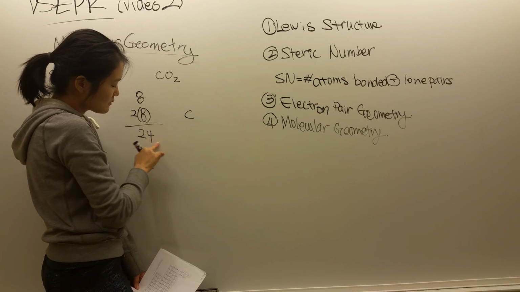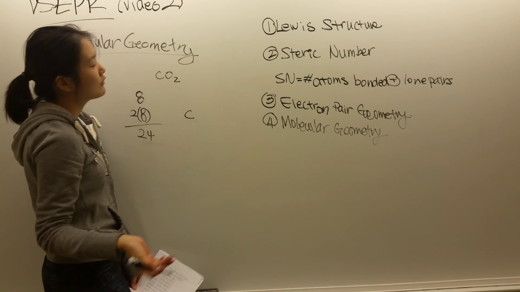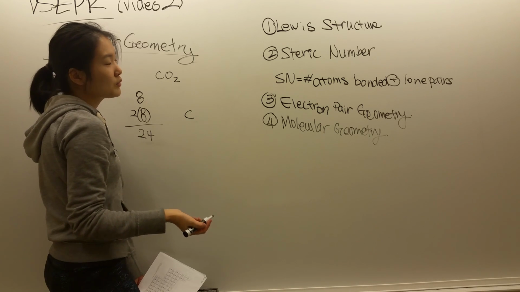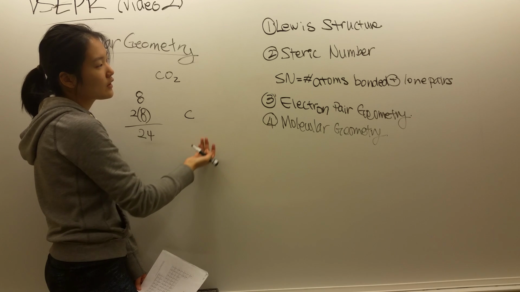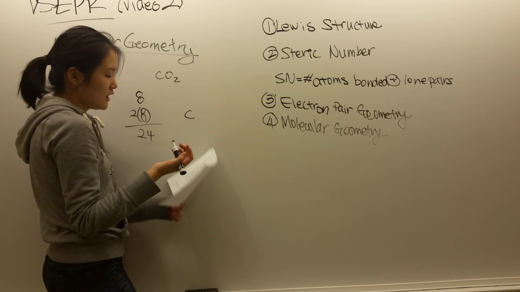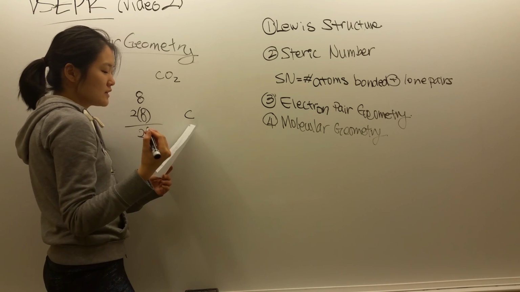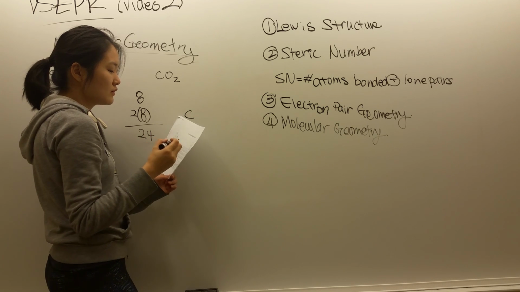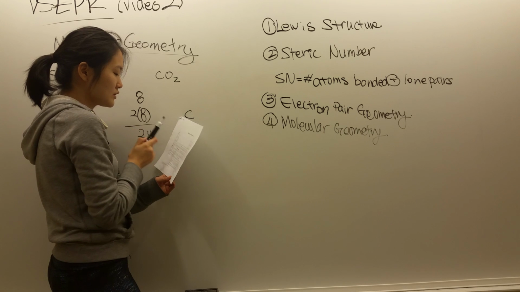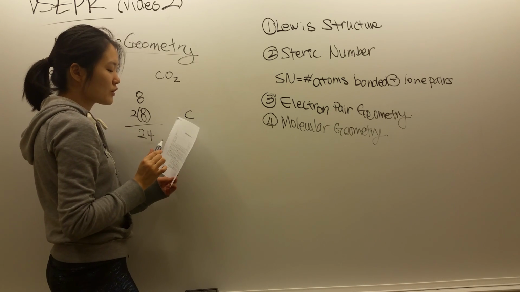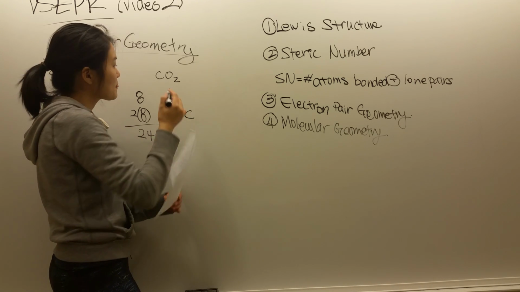So now what do these children actually have, right? So what do they want versus what do they have, and how much are they gonna have to share between each other? That's what I'm trying to figure out. So carbon, with an atomic number of 6, is gonna have 4 valence electrons.